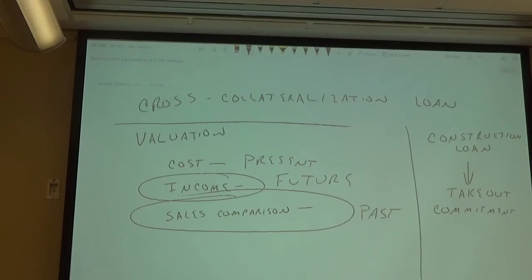And that we're not going to be left hanging at the end of this, having funded all the construction and there not be a permanent lender willing to actually lend you on the property, because that would be utter disaster for both the construction lender and for the borrower, because the construction lender is probably going to charge you a much higher interest rate than the permanent lender is going to charge you.